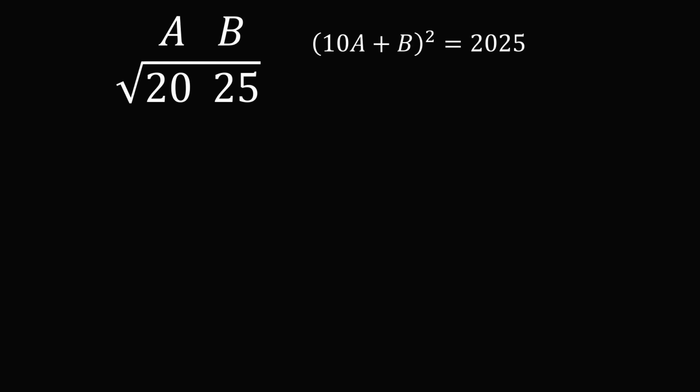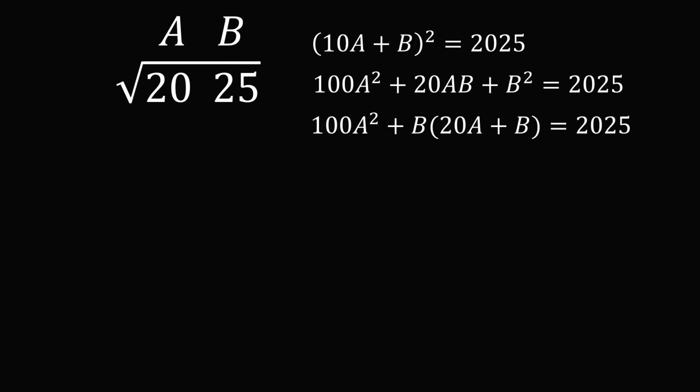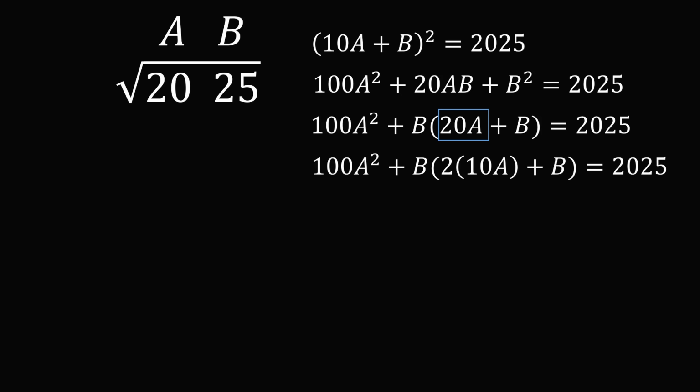The square of 10a plus b is equal to 2025. If we expand this binomial, we get 100a squared plus 20ab plus b squared. From these two terms, factor the variable b. So we have b times 20a plus b. We will then split up 20a as 2 times 10a.